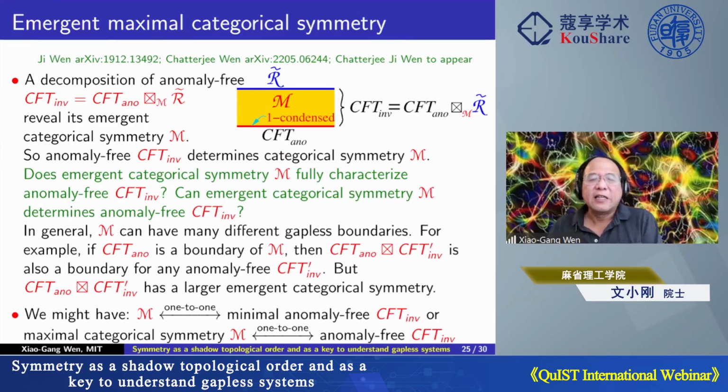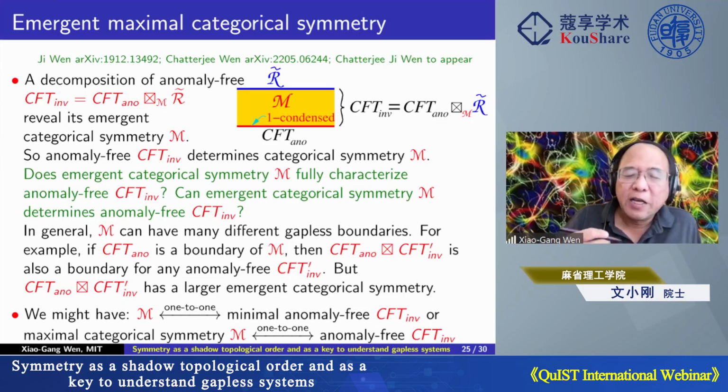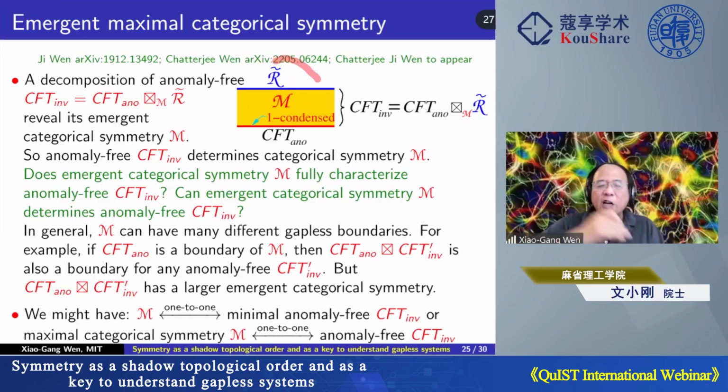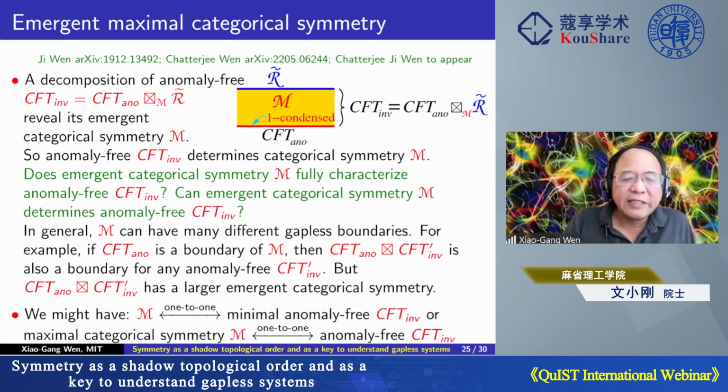Okay, and so actually we are kind of hinting that maybe we can determine this anomalous CFT, or even this anomaly-free CFT, from the emergent symmetry, maybe from the bulk topological order and from this gap boundary. So from this data, we probably can determine the CFT completely. But actually this is not quite correct.